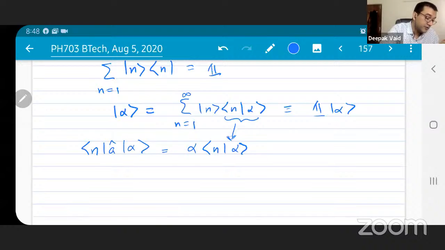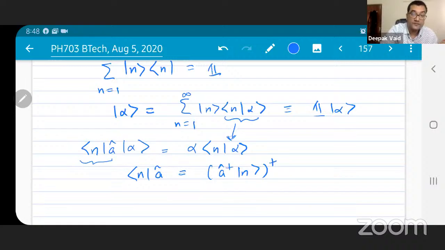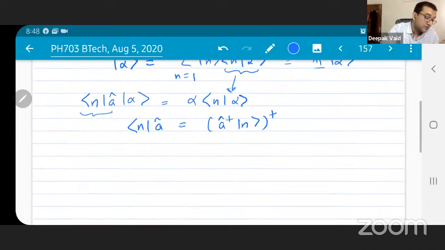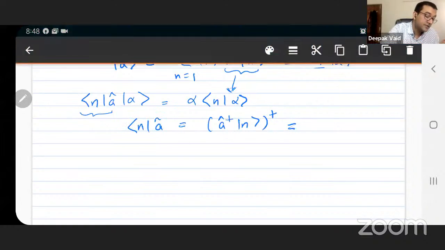So on the left, what do you get? You have this guy, ⟨n| acting on a. ⟨n|a is what? It's the Hermitian conjugate of a† acting on |n⟩, right? Because if I take the Hermitian conjugate of this, I'll get this expression, right?